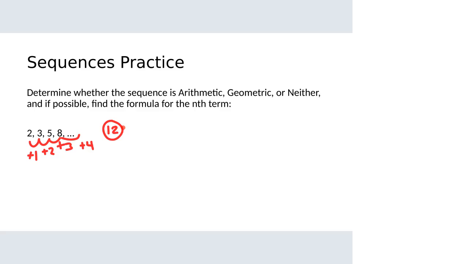Anybody else see something different in here that might also be a correct answer? I'm good with 12 as a correct answer here, and I'm good with neither as our answer. Is there something else that might be a way to look at this one and get a different answer instead of 12?